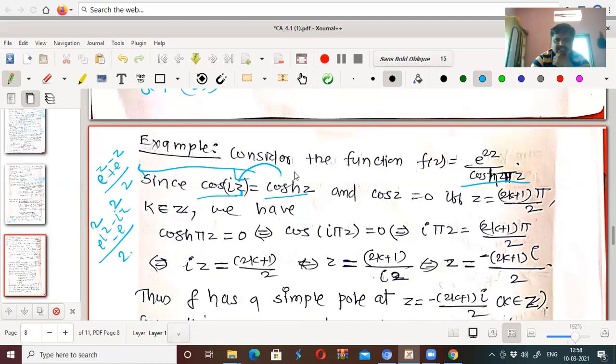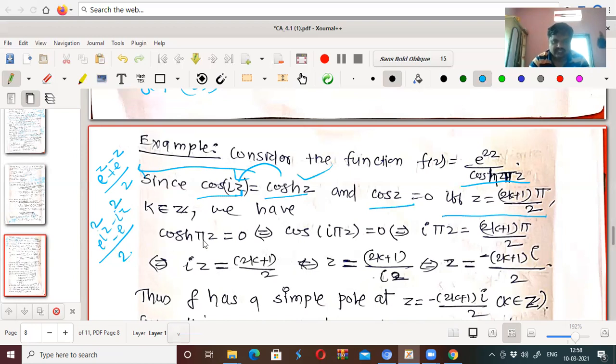So cos iz becomes, z is replaced by iz, e to the power i square z plus e to the power minus i square z divided by 2. It becomes e to the power i square is minus 1, so e to the power z plus e to the power minus z divided by 2. So cos iz is nothing but cos hz. Now cos z equals 0 if and only if z is an odd multiple of pi by 2. Cos pi by 2 is 0, cos 3 pi by 2 is 0, cos 5 pi by 2 is 0, and so on. So z equal to 2k plus 1 pi by 2.